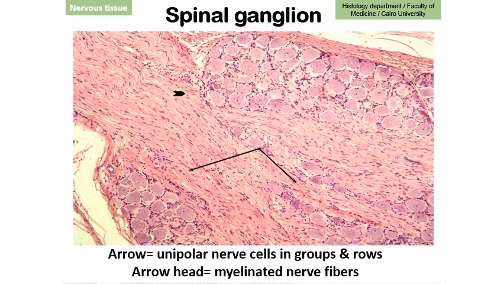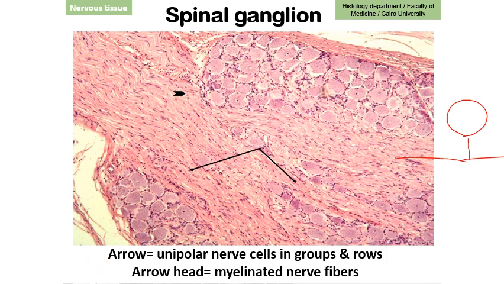Because it is unipolar, the unipolar, dear students, appears like this: a cell with one process which divides, one acting as an axon and the other as a dendrite. So the outline of the perikaryon appears smooth like this. They are large, of different sizes, arranged in groups or in rows, and thick capsule.